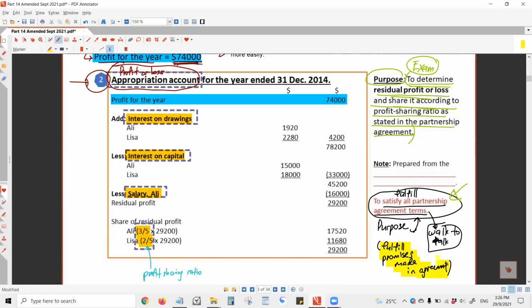Now, let's see, how do you know whether you have to plus or minus each of the figures here? You see, you have to prepare this appropriation account from the point of view of business.